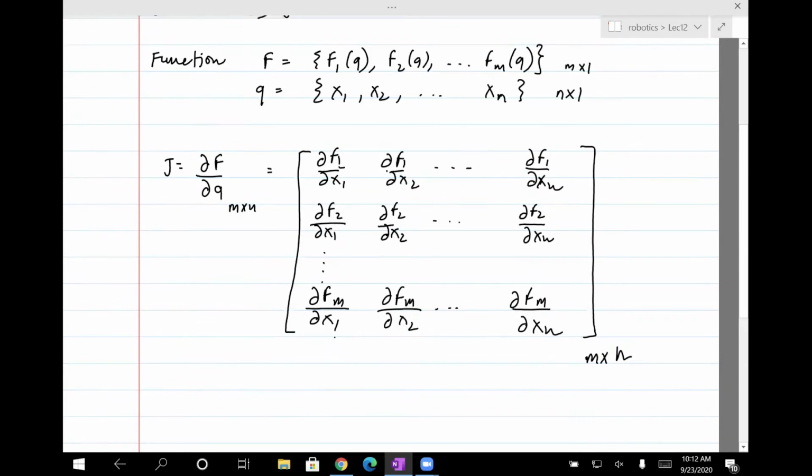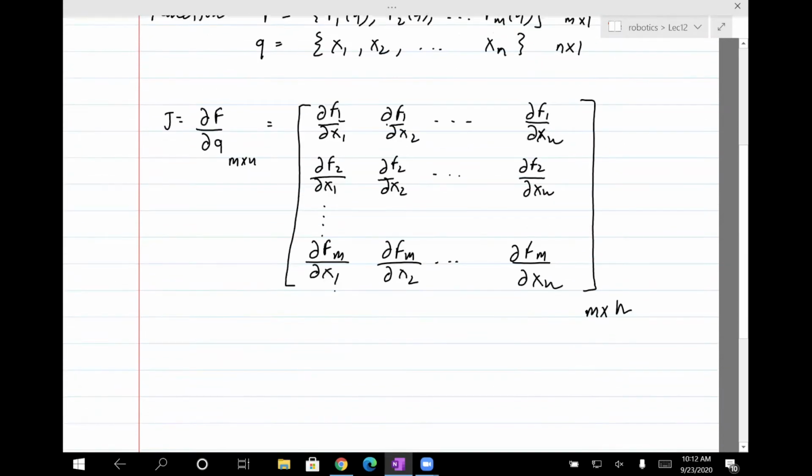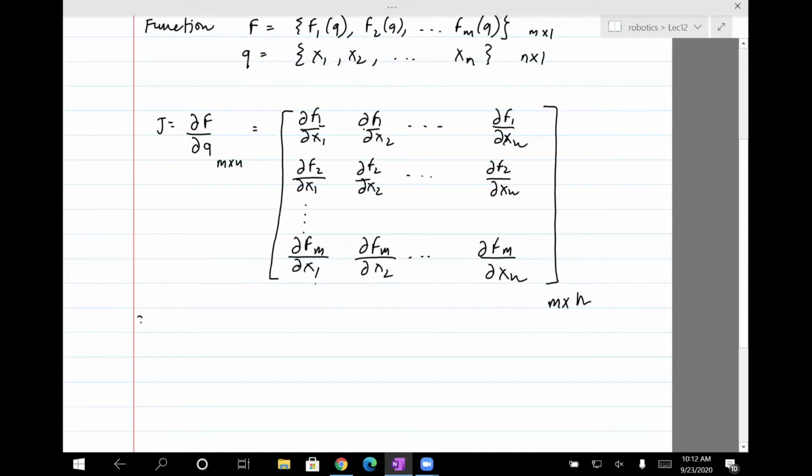Let's do a simple example and apply this. So the example is, let's say f is x squared plus y squared. That's the first function, so f1, and f2 is 2x plus 3y plus 5. Q is here, as you can see, basically x and y.